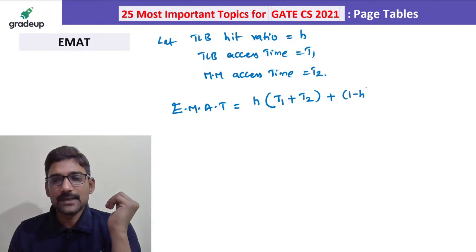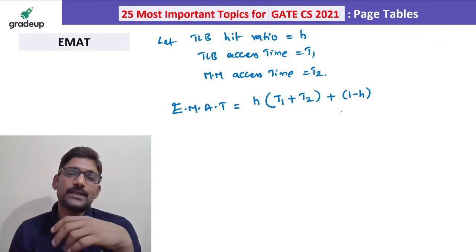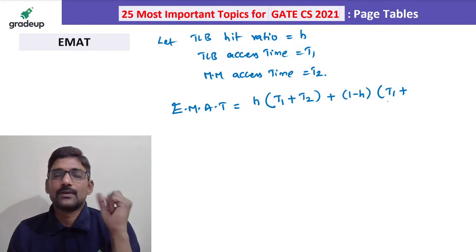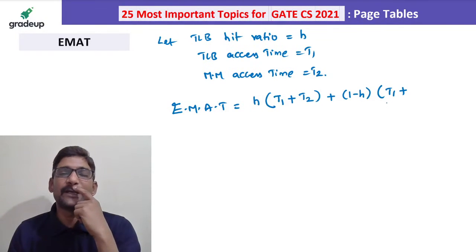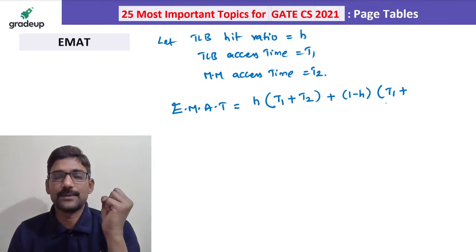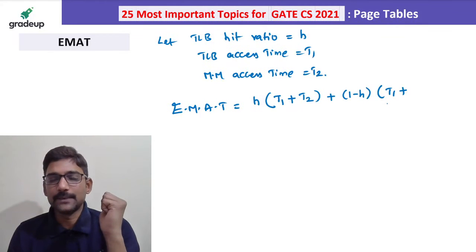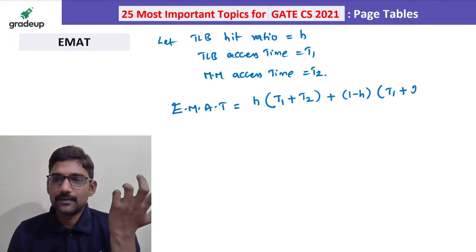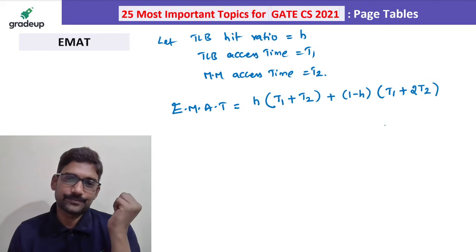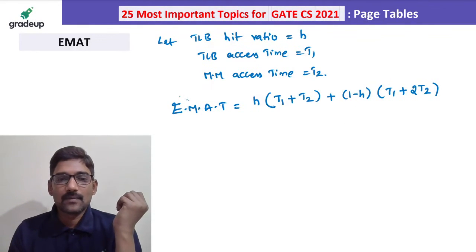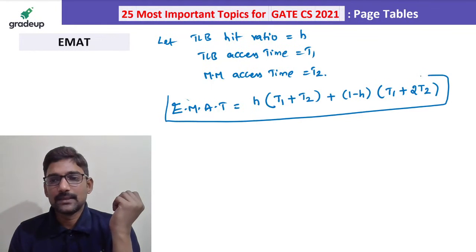If that page information is not in TLB, that is, if it is a TLB miss, then as usual you will first verify TLB, whether the page information is there or not. That requires T1 time. If it is a miss, then as usual we will access main memory twice. For single level page table I am taking. For one level page table, this is the case.